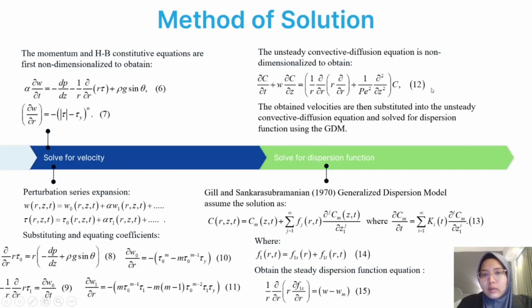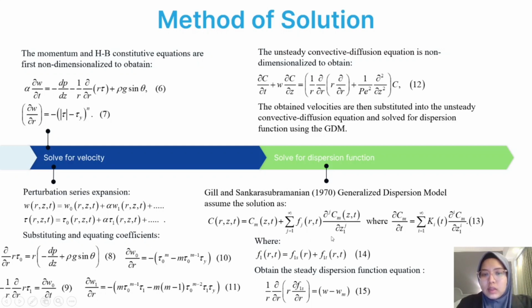To obtain equation 12 here, the obtained velocities are then substituted into the unsteady convective diffusion equation, and we solve for the dispersion function using the GDM. Gill and Sankarasubramanian, 1970, generalized dispersion model assumes the solution as in equation 13 here.